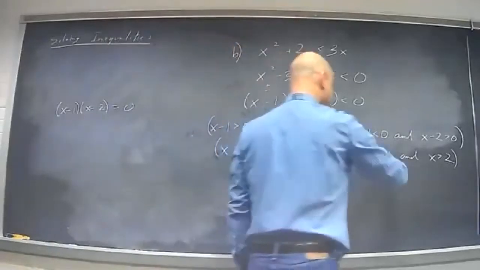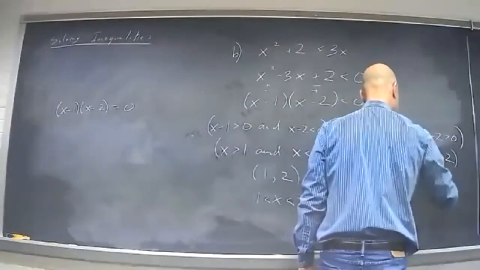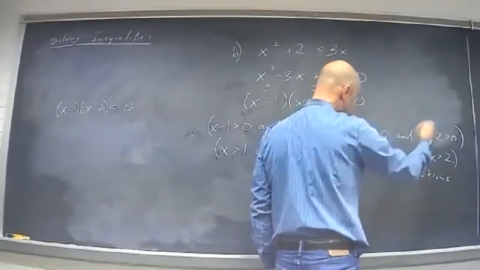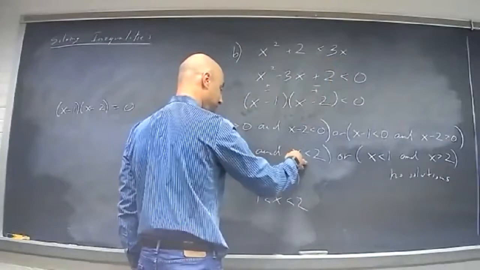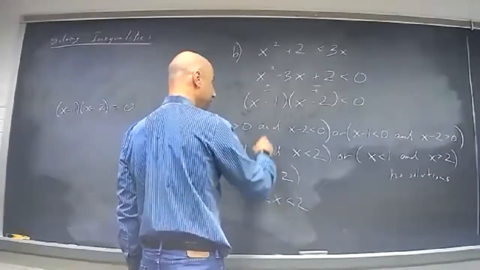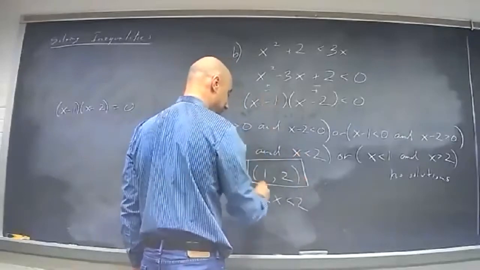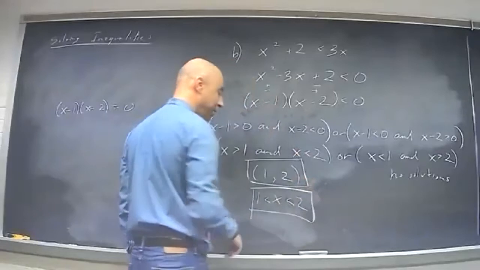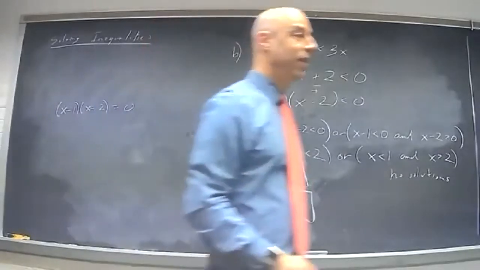So this part has no solutions. There's no number that's less than 1 and bigger than 2. I guarantee it. But there are plenty of numbers that are between 1 and 2, like 1.5 or 1.25. So you can write your solution like that, you could write it like this, you could graph it on the number line, you don't have to do them all. Any one of them is fine.